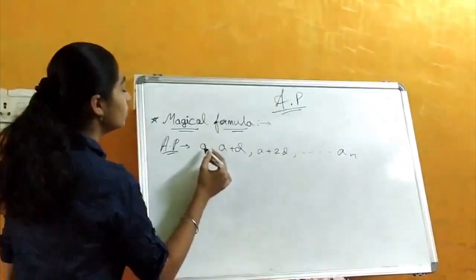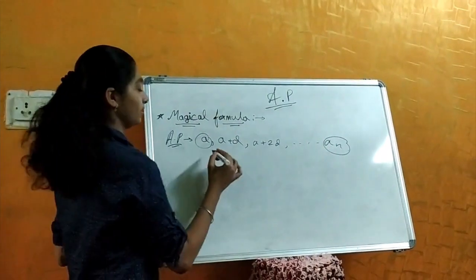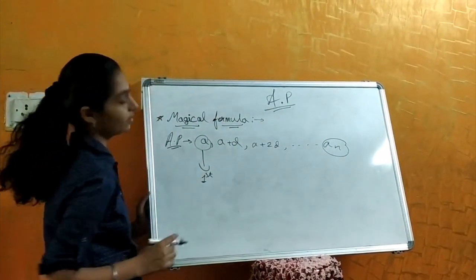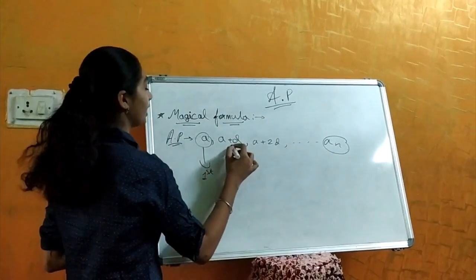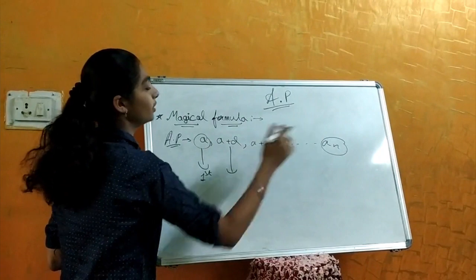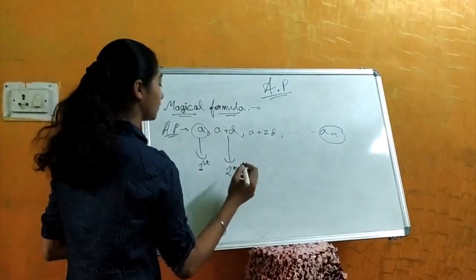Now you know about a and an, right? This is the first term, okay, and this is the second term, as the numbering goes 1, 2, 3, 4. So this is the second term, right?